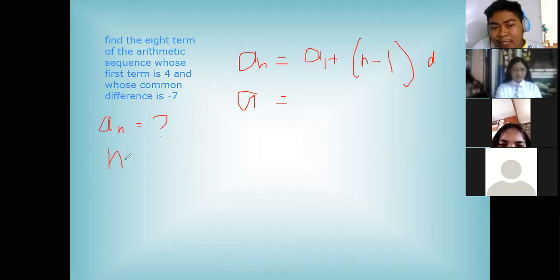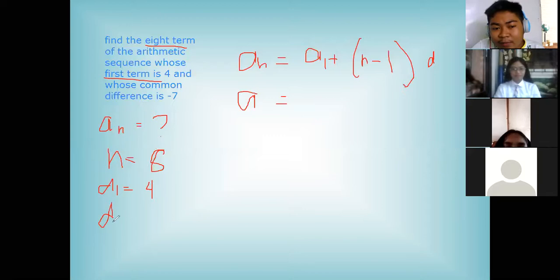Pero ang n natin would be 8, kasi yung 8th term ang hinahanap. Ang a_1 natin, or the first term, is 4. And ang difference natin would be -7. So using this given, you can now proceed to our problem.